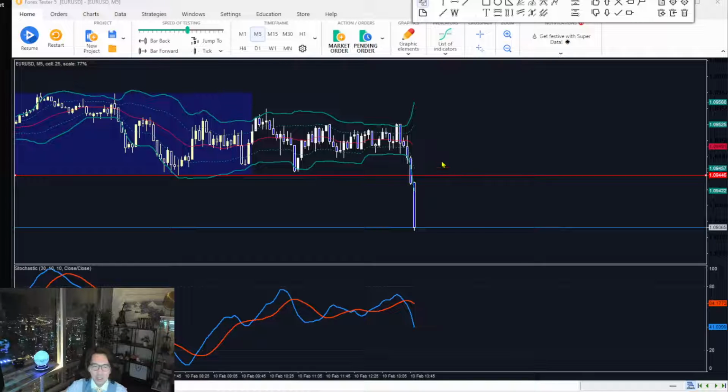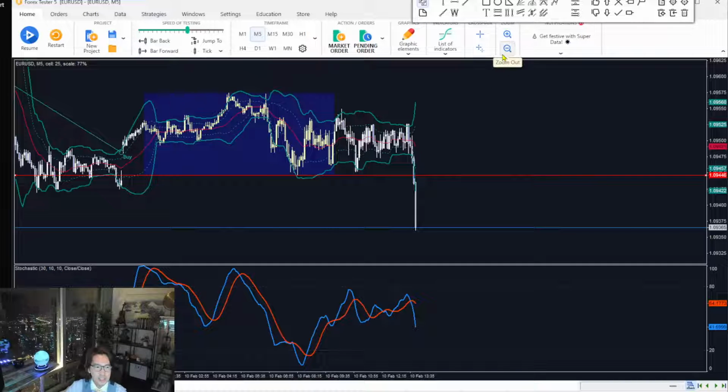So here it's downtrend. It broke the support clearly. Let me zoom out. It actually broke the support area. I would say here, support zone. And here also, below here, there was also another support zone, like this. So the market broke the 2 support zones, and this is really powerful. It was really strong.